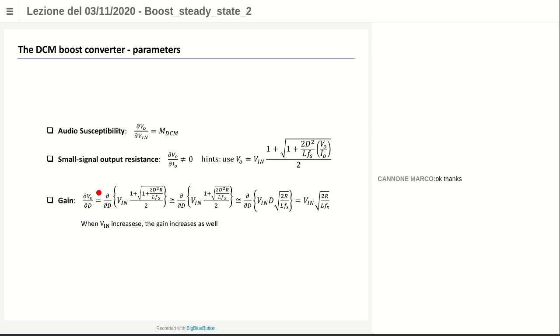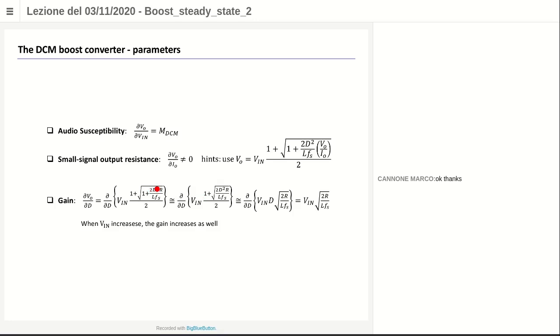The gain is delta V naught over delta D, so the variation of the output for the variation of the duty cycle, the control quantity. Again, delta V naught can be expressed by V in multiplied by the equation of the conversion ratio.